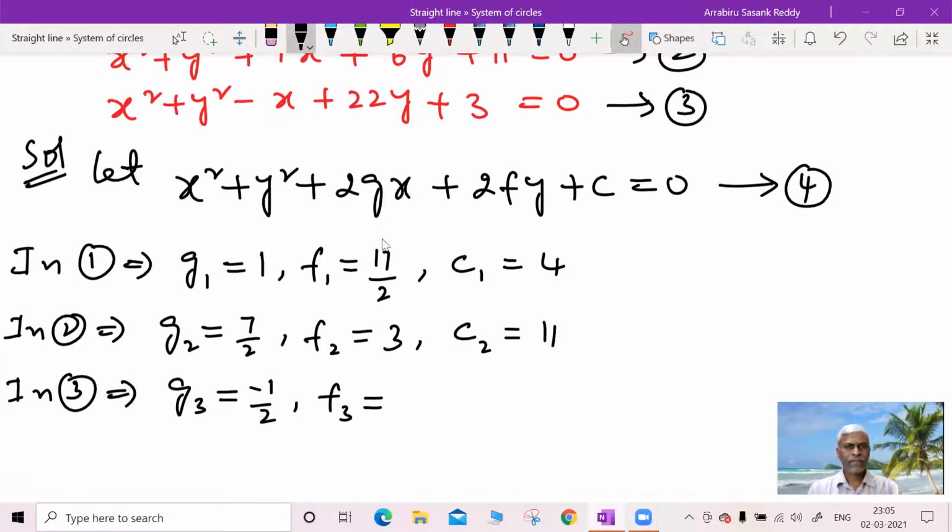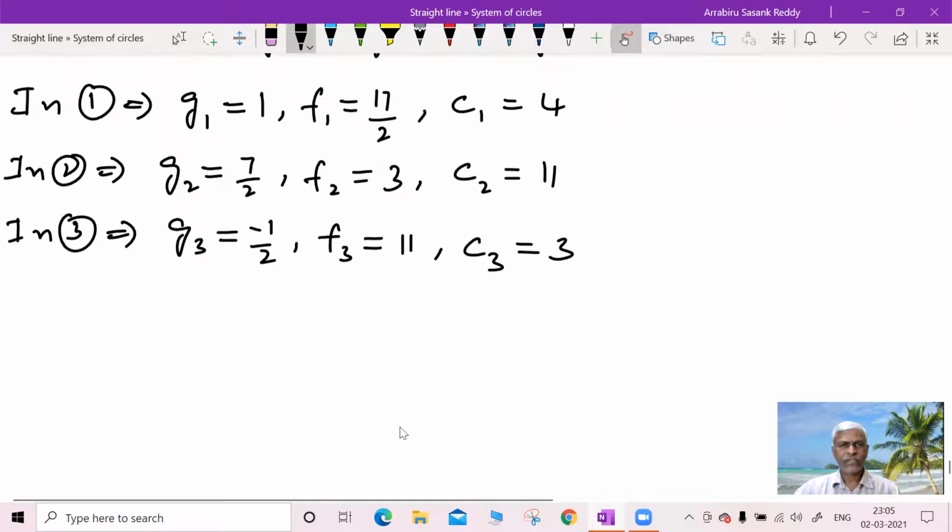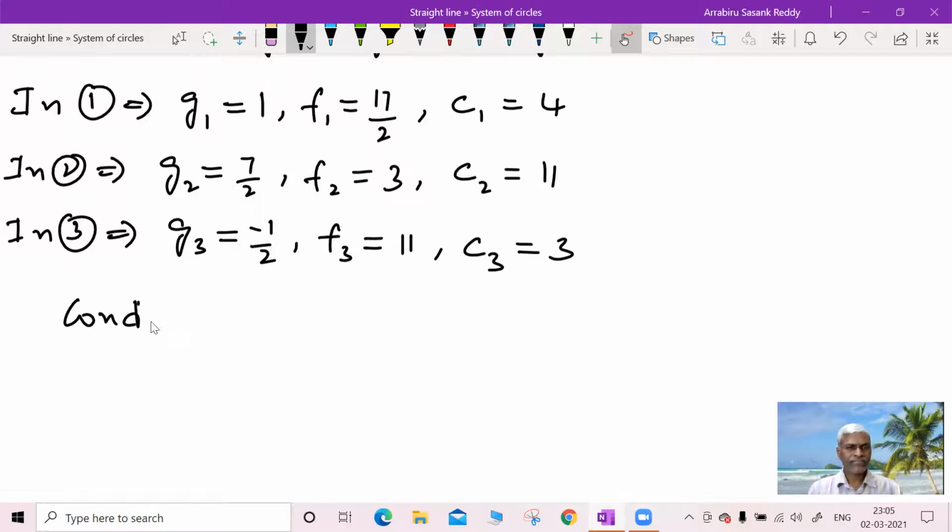F3, 22 by 2 is 11. C3 is 3. So in the 3 circles, GFC values. After writing these GFC values, now take the orthogonal condition.